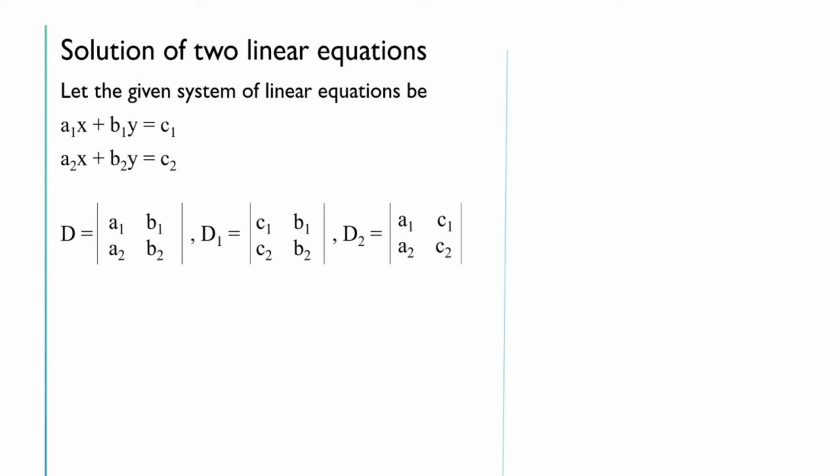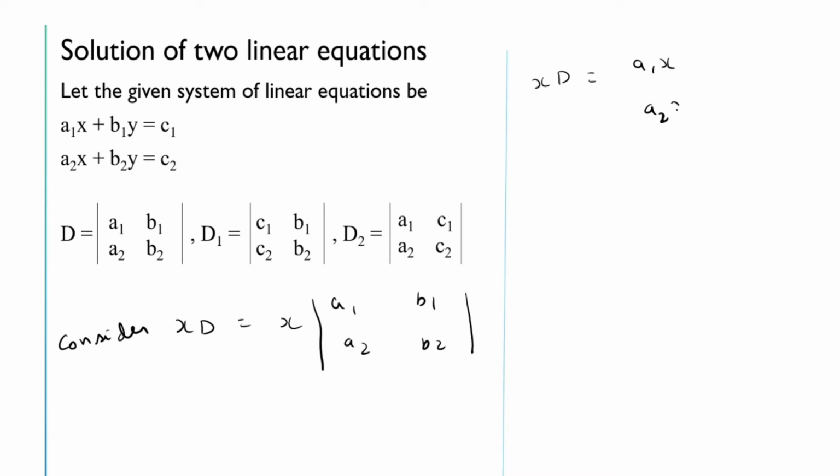Now we will see how we can use these determinants to find the value of x and y. Now consider x into D, which is x into the determinant a1, a2, b1, b2, or xD is equal to the determinant a1x, a2x, b1, b2.